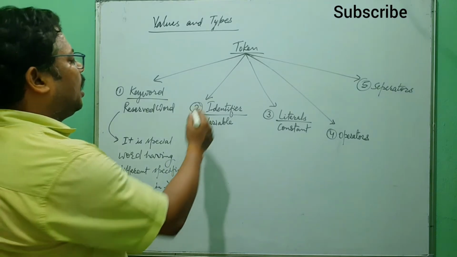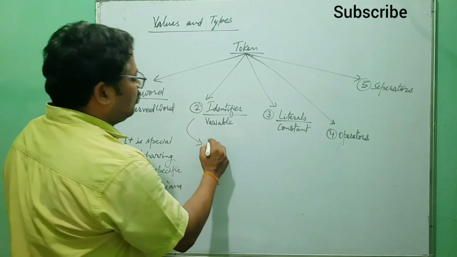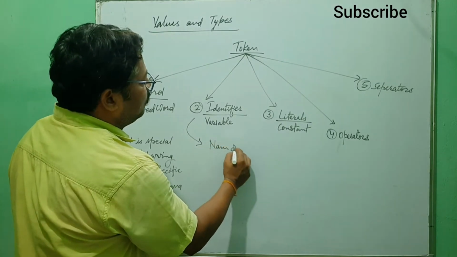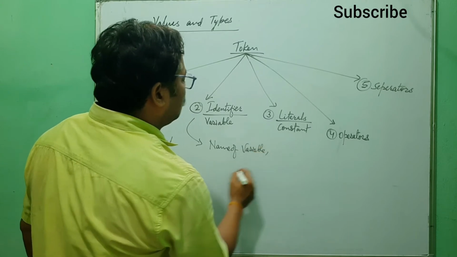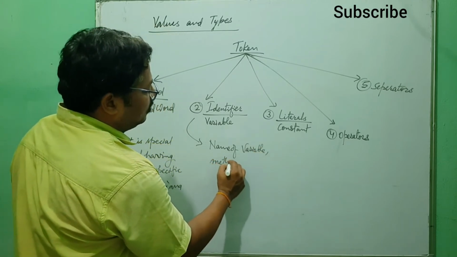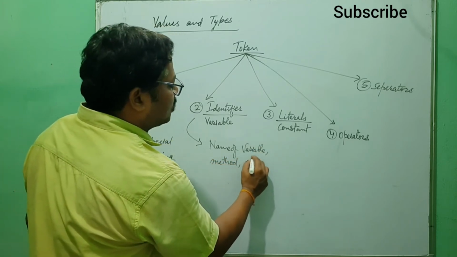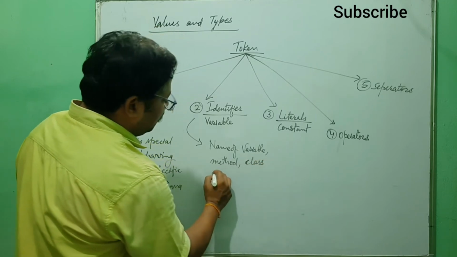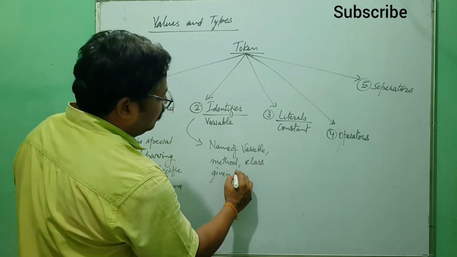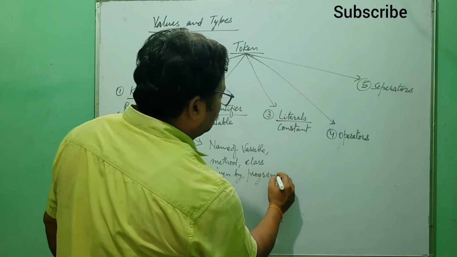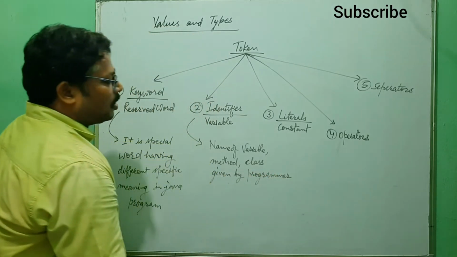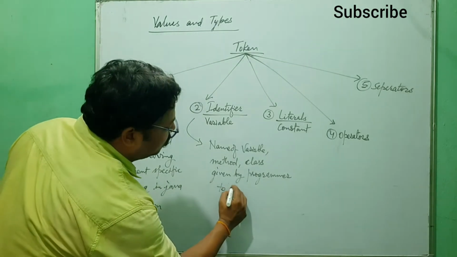Okay. Identifier, it is the name of a variable, method or class given by the programmer to identify.